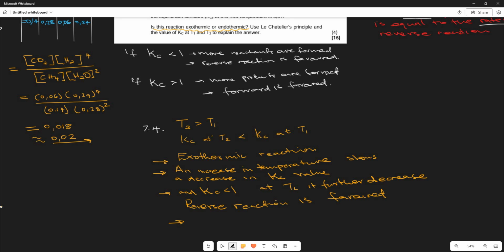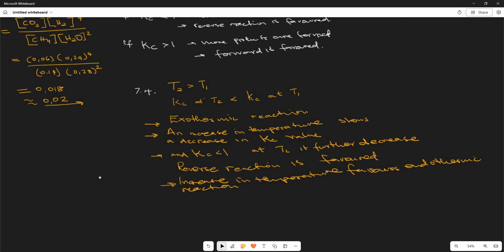And another thing that we need to mention is that increase in temperature favors endothermic reaction. So what does it tell us about the reverse reaction?